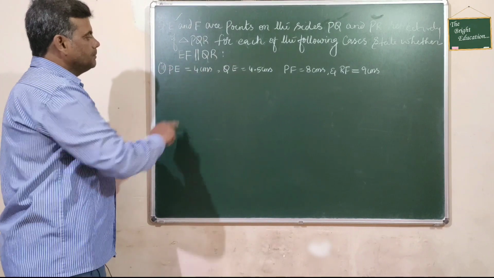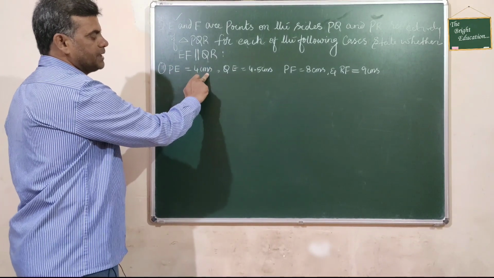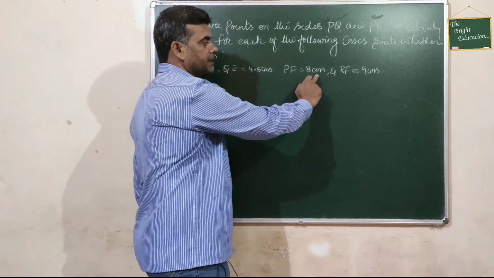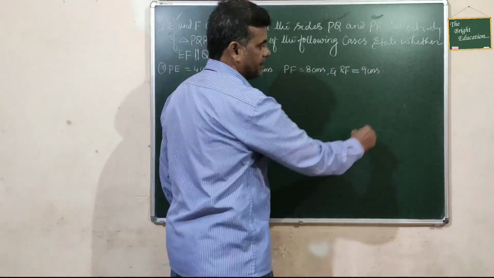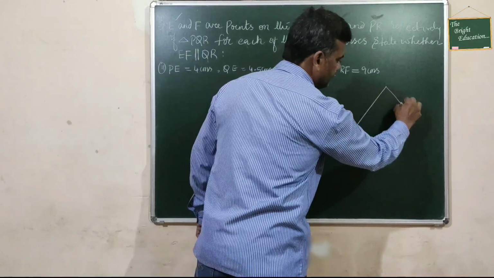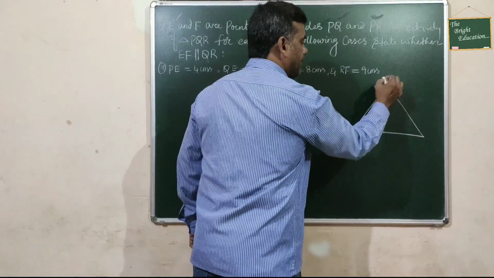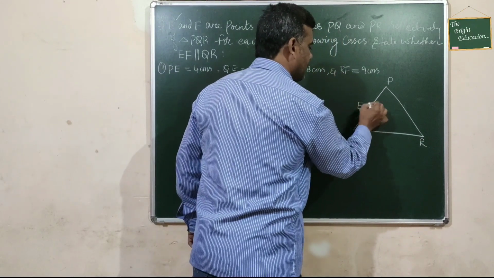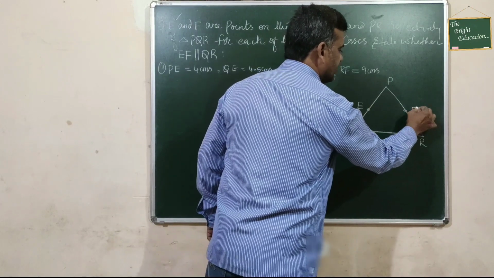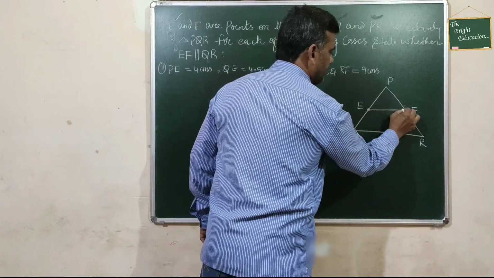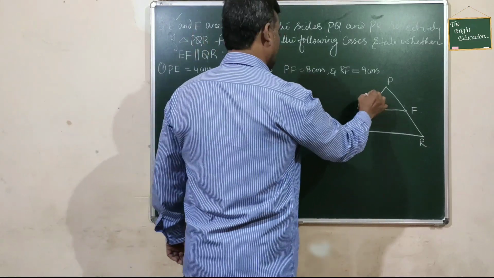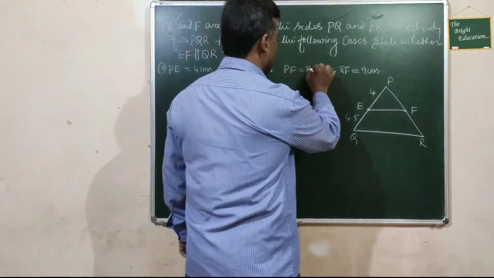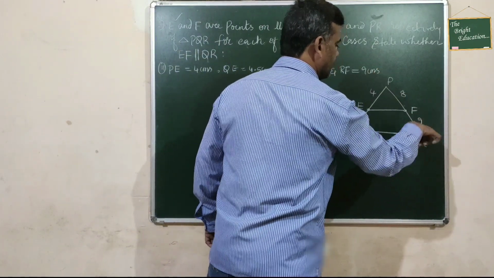In the next sub-question, PE equals 4 centimeters, QE equals 4.5 centimeters, PF equals 8 centimeters and RF equals 9 centimeters. So let us draw a triangle PQR. Let E be a point on PQ, F another point on PR, and EF is joined such that PE is 4, QE is 4.5, PF is 8, FR is 9.